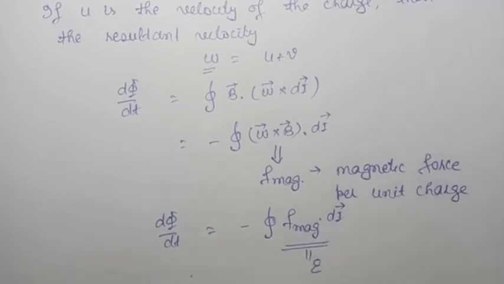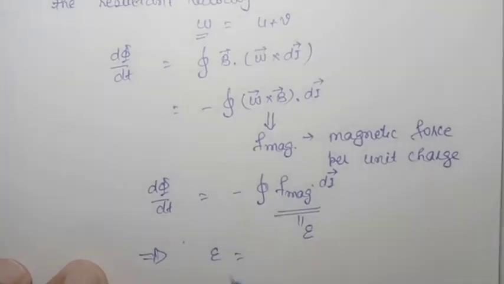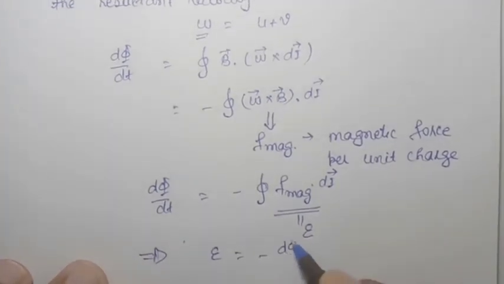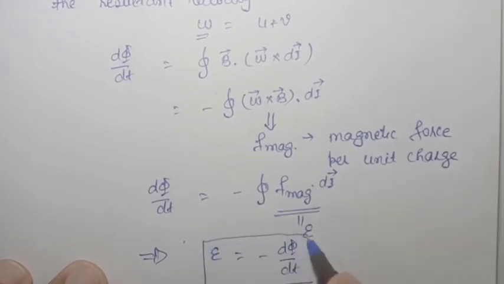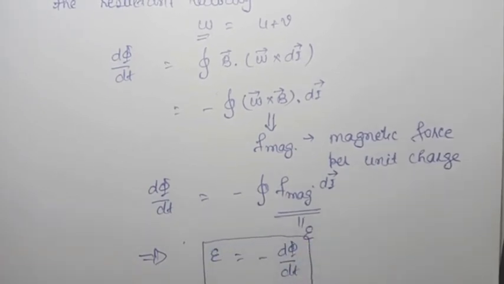Or we can write EMF is equal to minus d phi by dt. So again, motional EMF is equal to the rate of change of flux with respect to time.